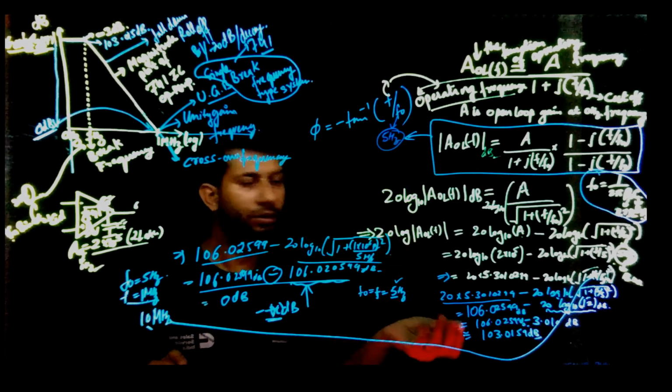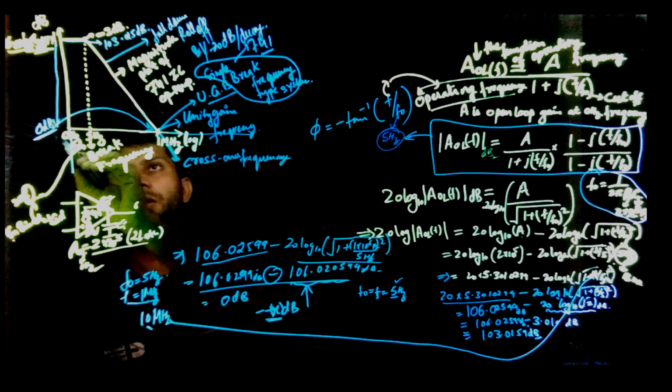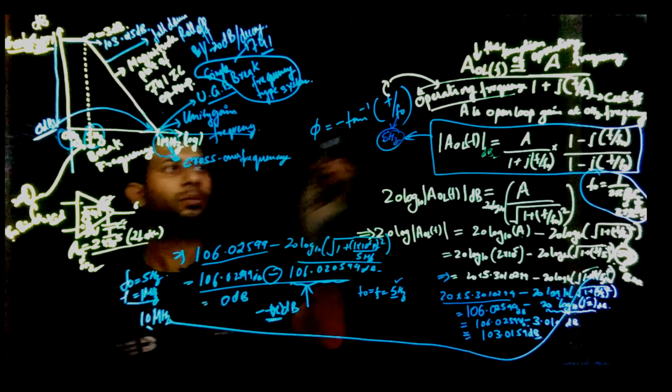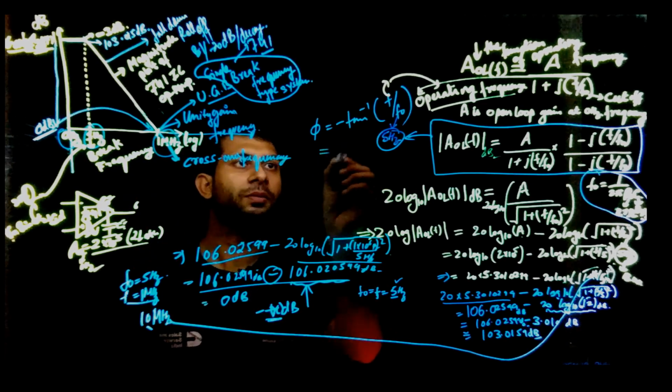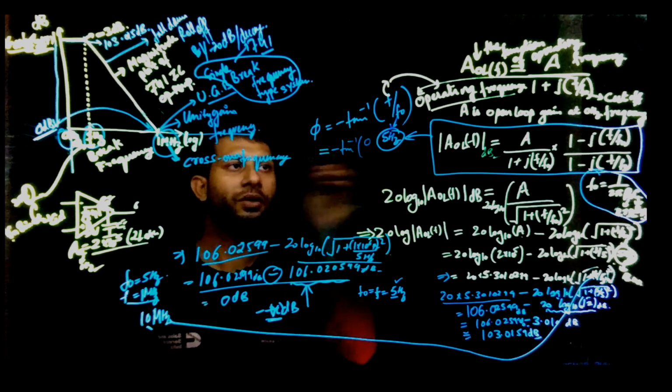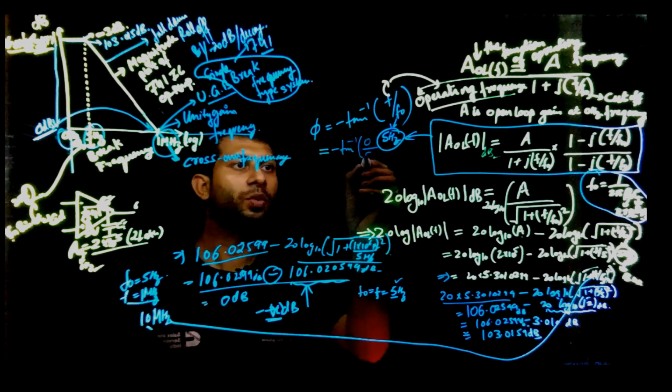Now we take 3 points for your reference. If we take 0 Hz, 5 Hz and 1 MHz and put all these in this equation, minus tan 0, which is our operating frequency at this moment, this whole becomes 0.